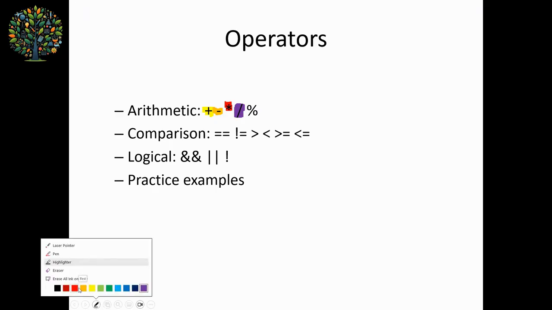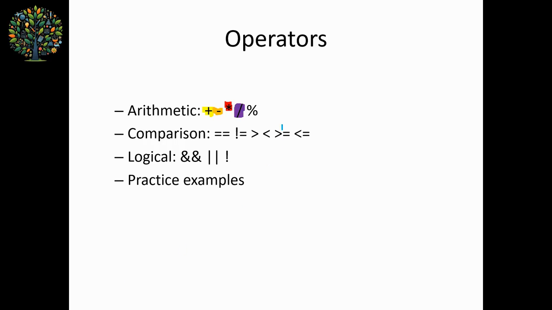And then what you see over here might be a new one. This is called the mod. What the mod does is that after division, it returns the remainder. So here's an example for the mod.